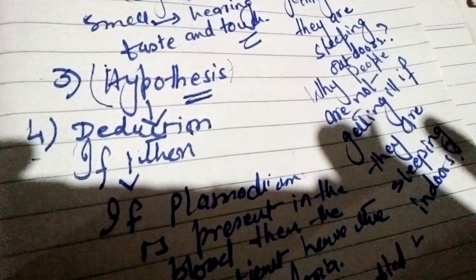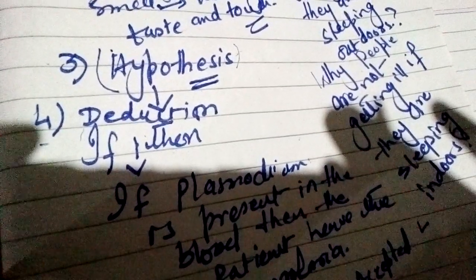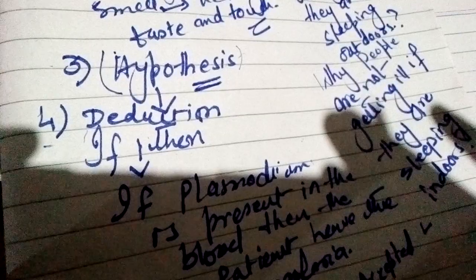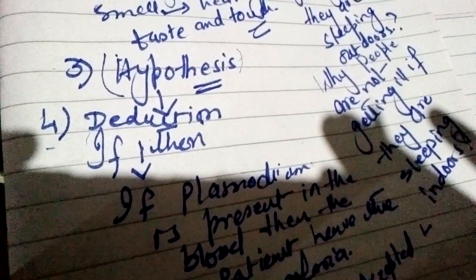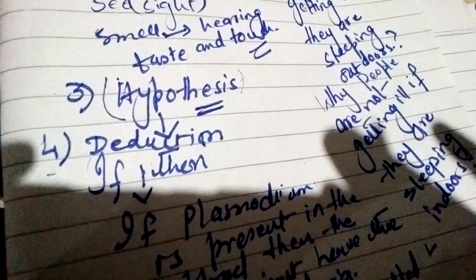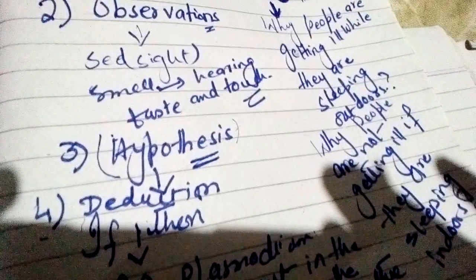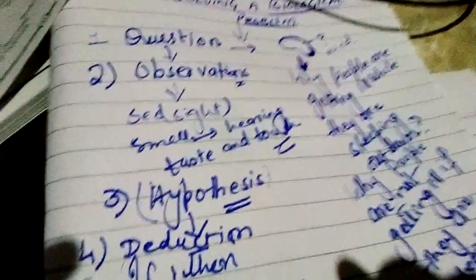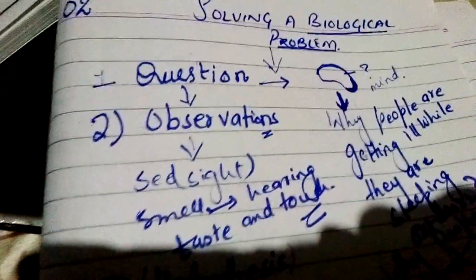That's why the people get affected by malaria. And in birds, it is the Culex mosquito. So find out the dengue and its cause, what is the main cause. So this is the method of solving a biological problem.